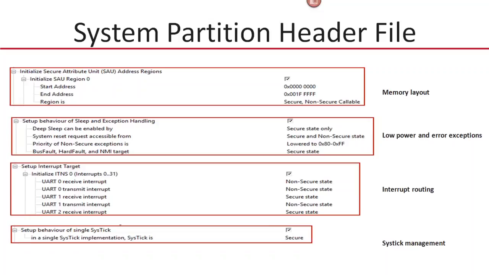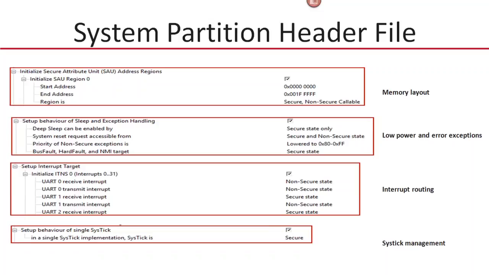And we can also route interrupts between the two interrupt units that are now on the ARMv8-M device, the secure nested vector interrupt controller or the non-secure NVIC. So again, we can decide which peripheral is going to execute an interrupt in secure state or non-secure state.